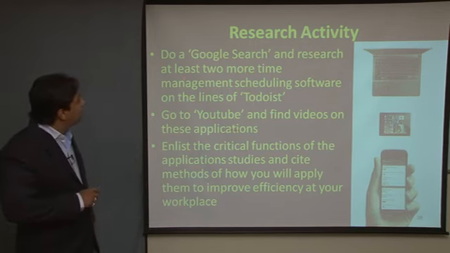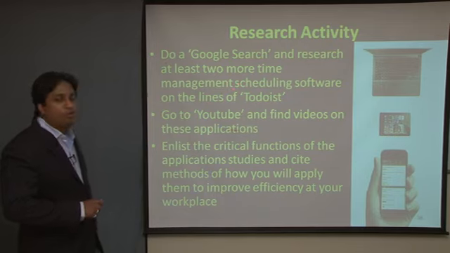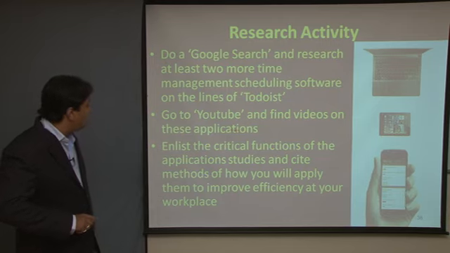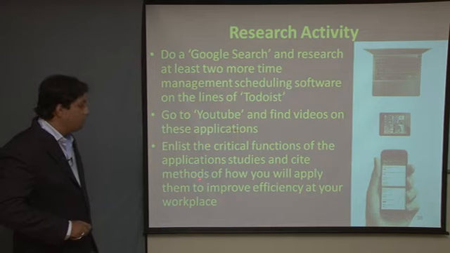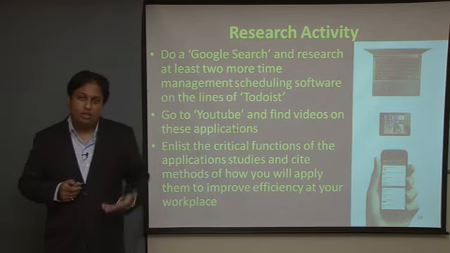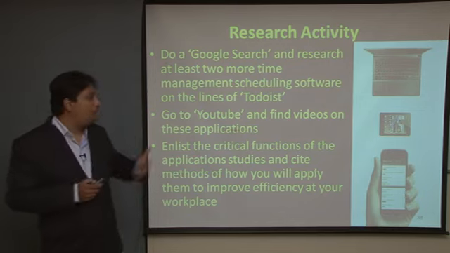Do a Google search and research at least two more time management or scheduling software on the lines of Todoist. Go to YouTube and find videos on these applications. Enlist the critical functions of the applications studied and cite methods of how you will apply them to improve efficiency at your workplace. So these are the research tasks you need to do as a part of this session.